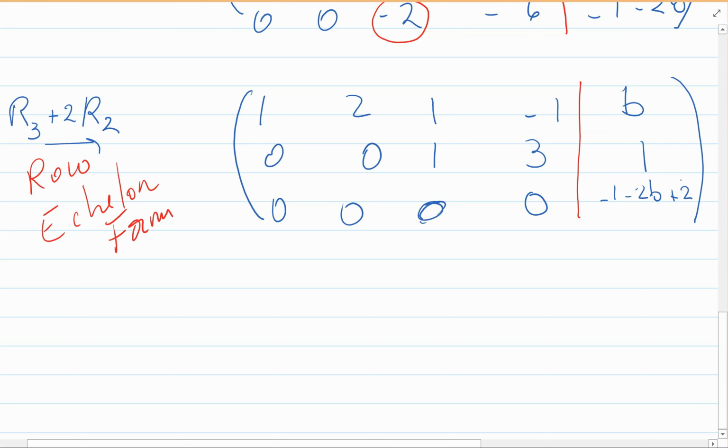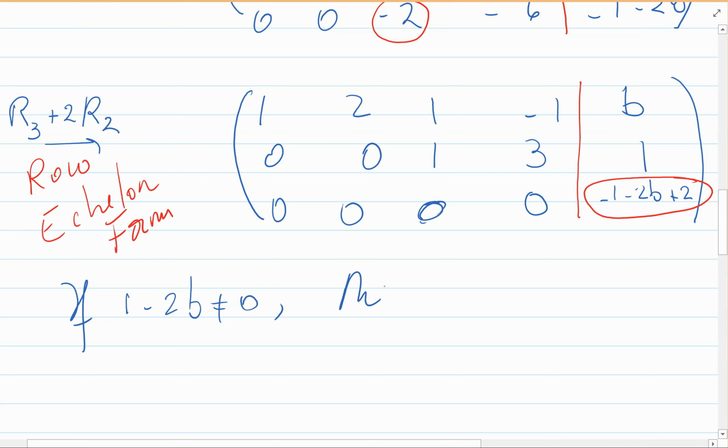So what do we have here? Okay, this number, that's minus 1 plus 2, that's 1, so it's 1 minus 2b. If 1 minus 2b is not equal to 0, then the system is inconsistent.